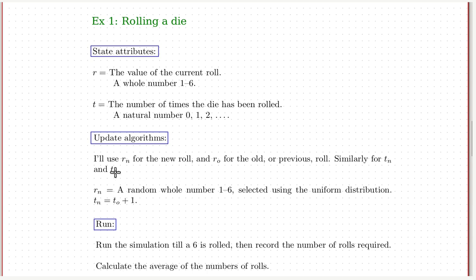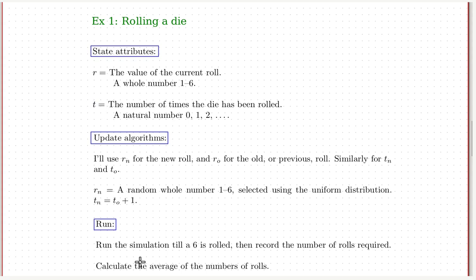Now, when we've got the simulation set up on the computer, we're going to want to run it until a 6 is rolled. And we'll know that a 6 is rolled because the R value of the current state will be equal to 6. So we keep running the simulation until R equals 6, and then we can stop. And what we'll do is record the number of rolls, in other words, we'll record the time.